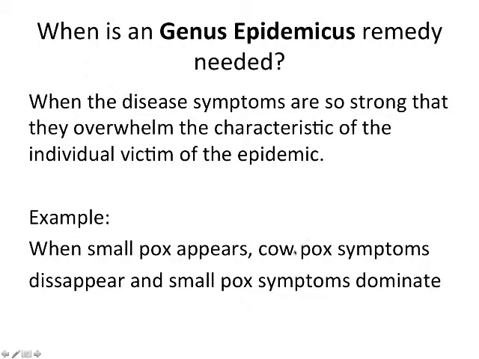This is in farm countries where people get something like smallpox, but a much less dangerous disease. If they get this cowpox, and then they get smallpox, the cowpox symptoms disappear, and smallpox becomes the dominant disease. This is an example that you can find in the Organon.